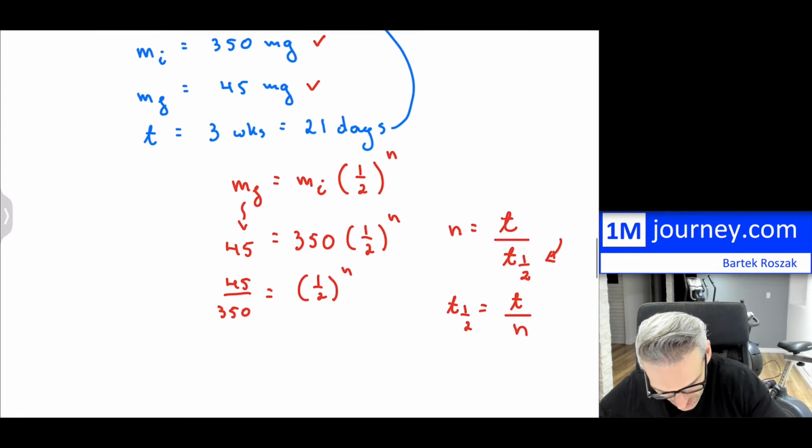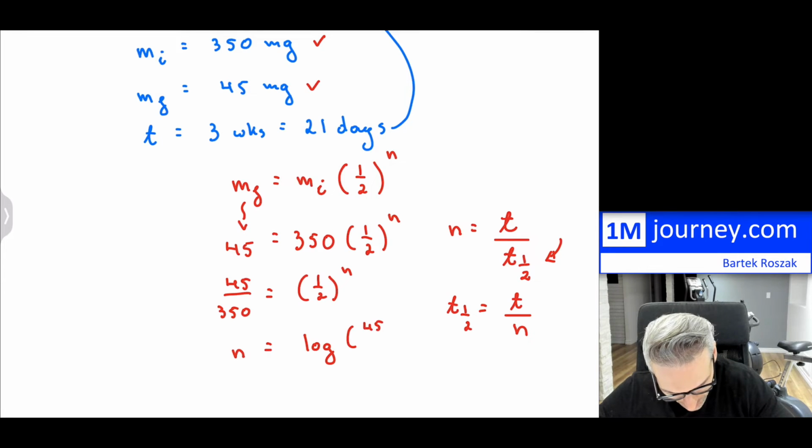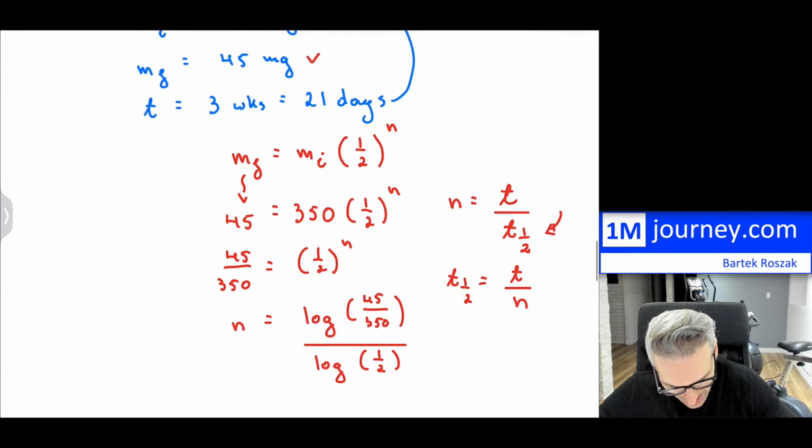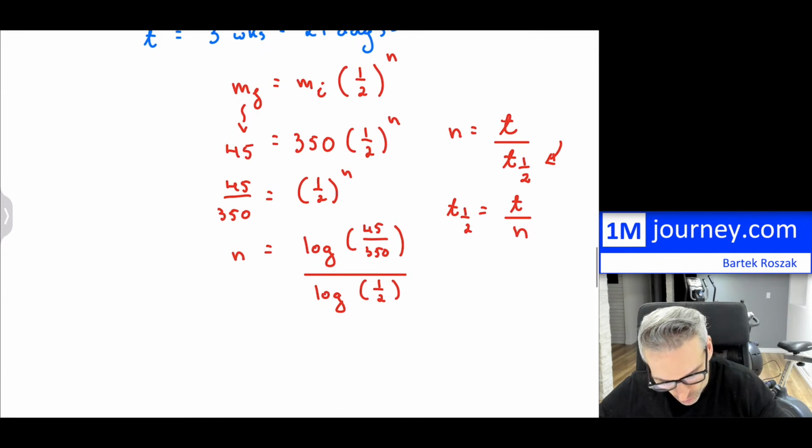And if you do this, then n is equal to, and I'm going to now take this, you can use log or ln. So log of 45 over 350 divided by the log of the base, which is 1/2. All right, so this is what I have in there. So this would give me what my n is.